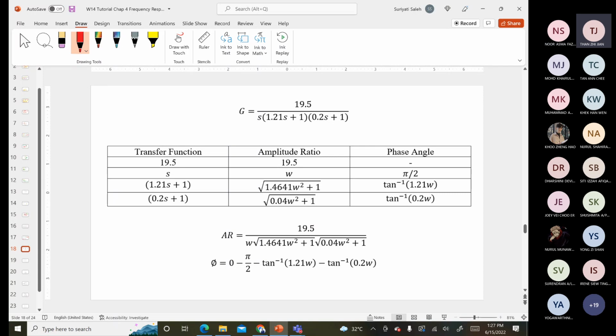So here, based on this, we can find that the AR equal to 19.5 divided by W square root 1.4641 W square plus 1 multiply with the 0.04 W square plus 1. And the angle equal to negative pi over 2 minus inverse tangent 1.21 W minus inverse tangent 0.2 W. So this is the expression based on the G equal to GP, GV, GM, GIP.